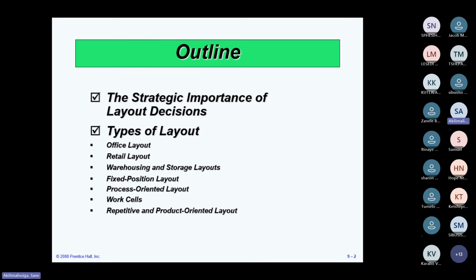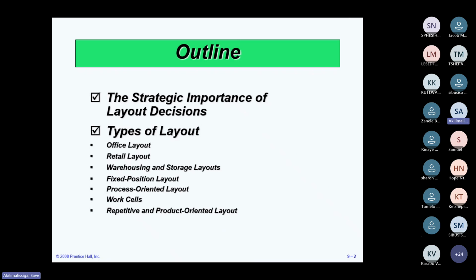So this is the outline of the chapter. We're going to talk about the strategic importance of layout decisions. And we're also going to talk about the types of layout, right? So we're going to talk about office layout, retail layout, warehousing and storage layout, fixed position layout, process-oriented layout, work cells, and we're going to conclude with repetitive and product-oriented layout.